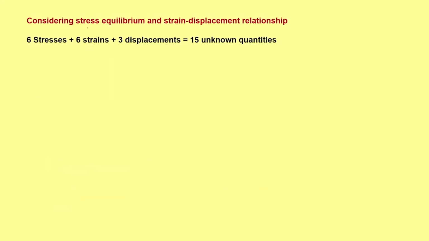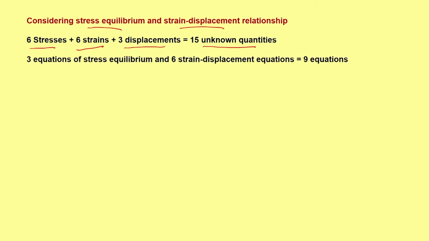Now, considering stress equilibrium and the strain displacement relationship, there are 6 independent stresses, 6 strains and 3 displacements. Altogether there are 15 unknown quantities. Now, 3 equations of stress equilibrium and 6 strain displacement equations amount to 9 equations.